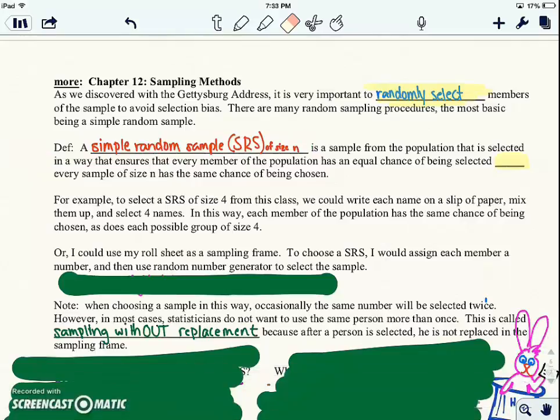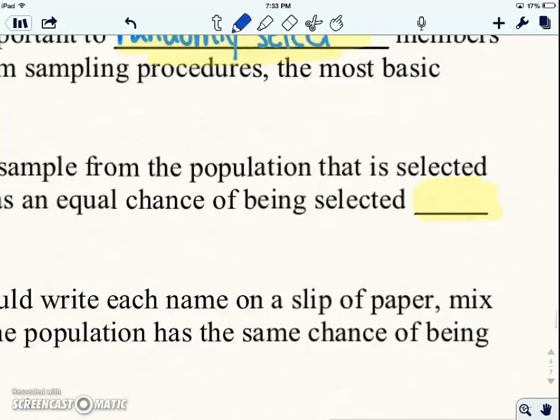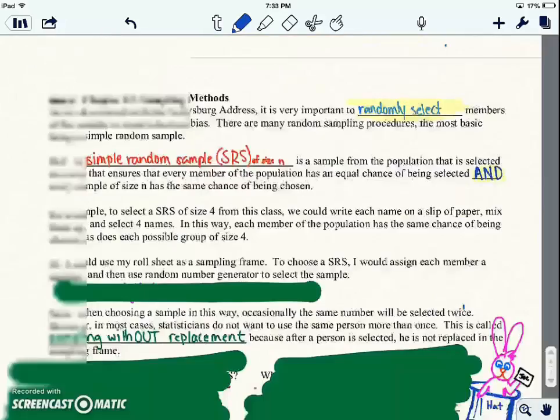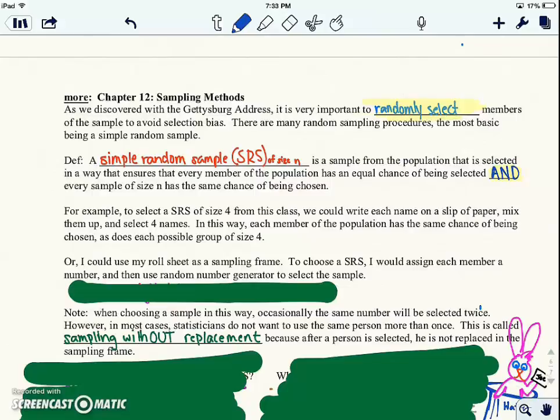So a simple random sample of size n, forever now known as an SRS, is a sample from the population that is selected in a way that ensures every member of the population has an equal chance of being selected, and notice that was pre-highlighted because it's so important, every sample of size n has the same chance of being chosen.